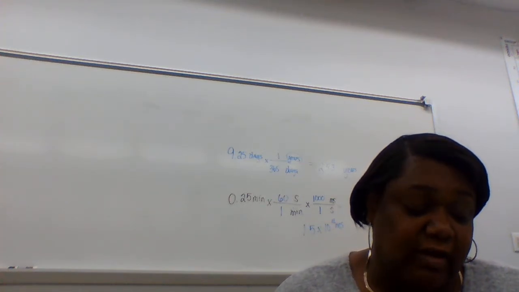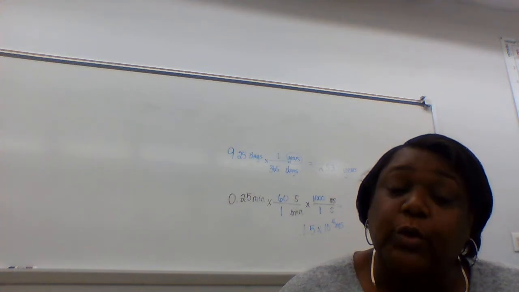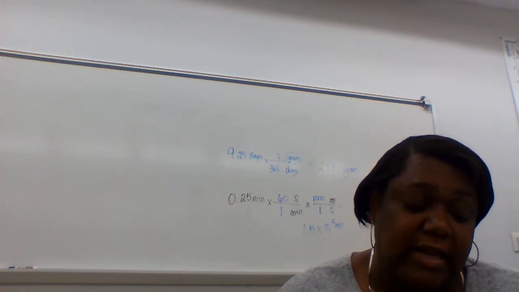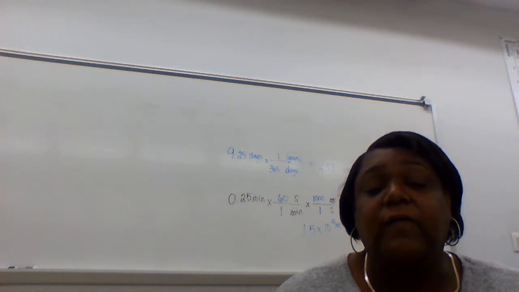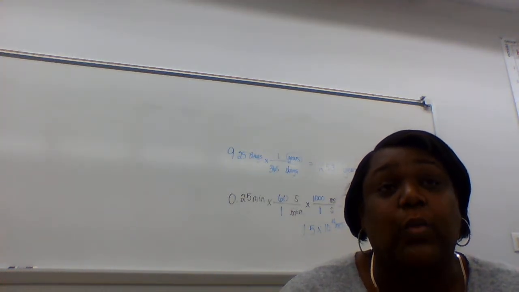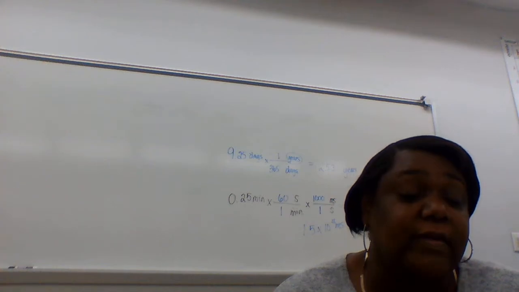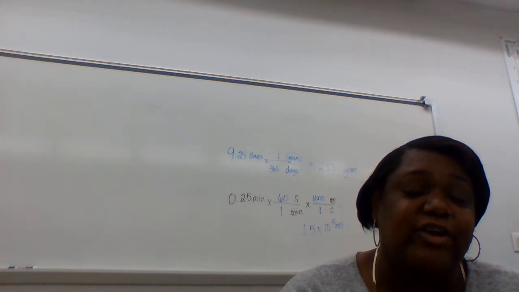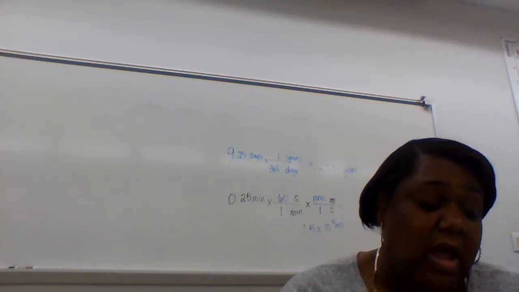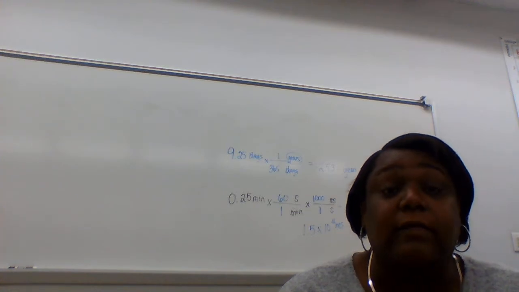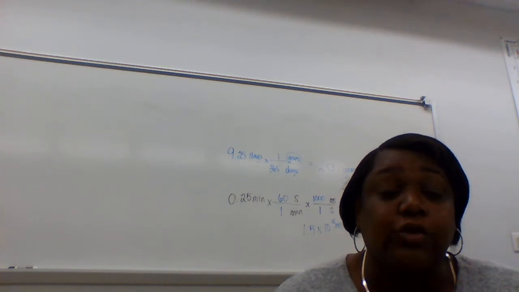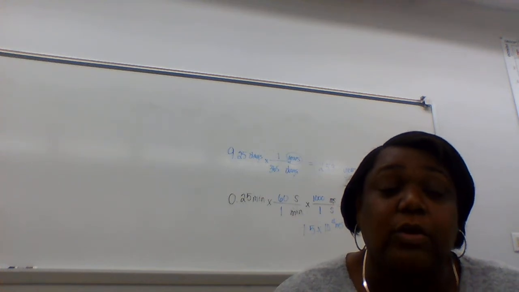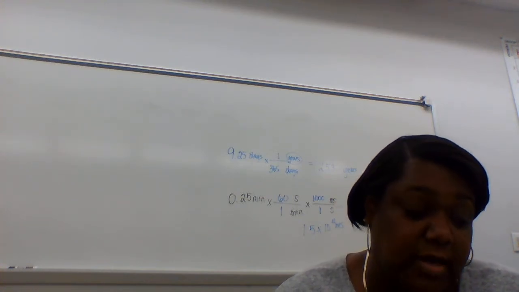And then in section 4.4, that's where you do conversions using the English system and the metric system. Because all of those prefixes that we don't necessarily use in the United States, you have to know how to do those conversions. There are some conversion factors that you need to learn, like you should know that 1 inch equals 2.54 centimeters.